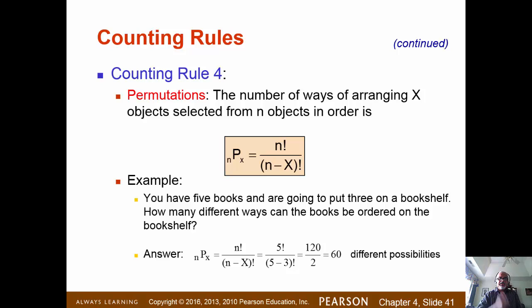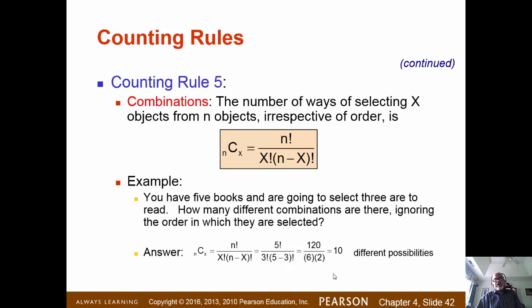That is permutation, where n is the total number of people you start with, and x is the number of objects that you're interested in. So 10P3 would be the number of possibilities for medals. Here we have 5 books and you want to put 3 on the shelf. So 5P3 will give 60 different possibilities.